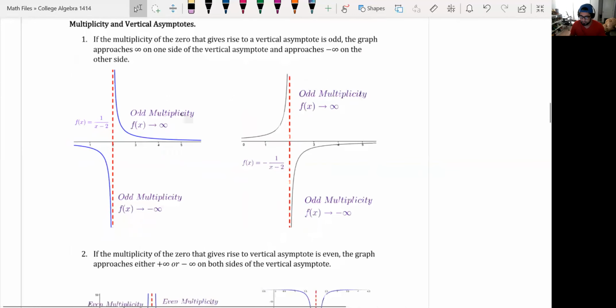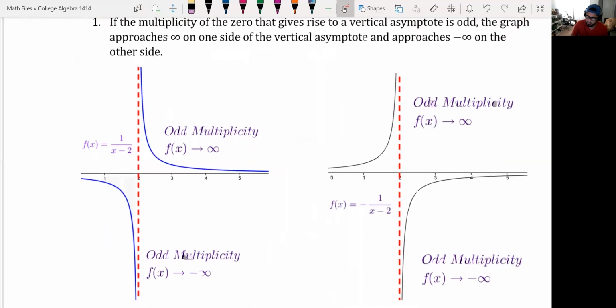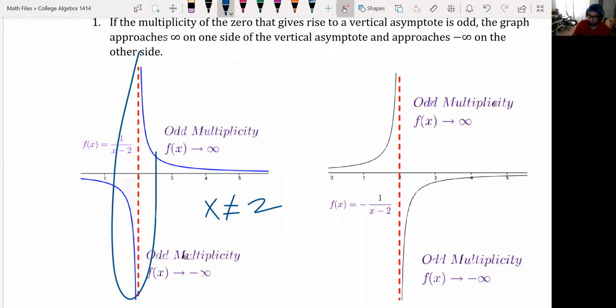So let's see what that means. Look at our example function right there. You're given f of x equals 1 over x minus 2. Well, if you solve the denominator for x, you would get x cannot equal 2, which creates this vertical asymptote. With that being said, how many times does x minus 2 show up? What is the power on that x minus 2? That power is 1, which is odd.